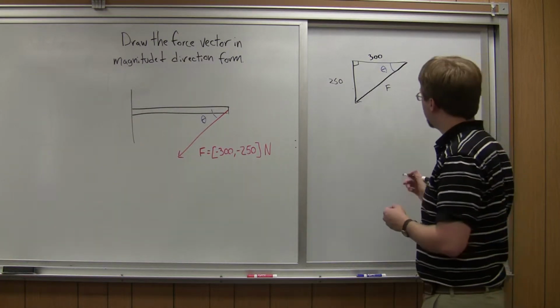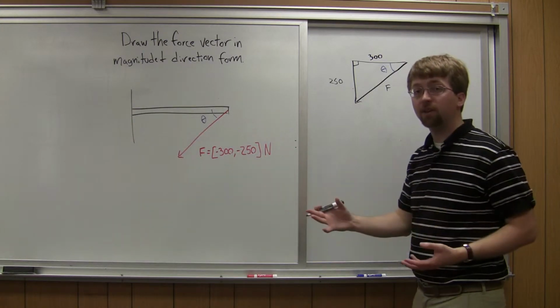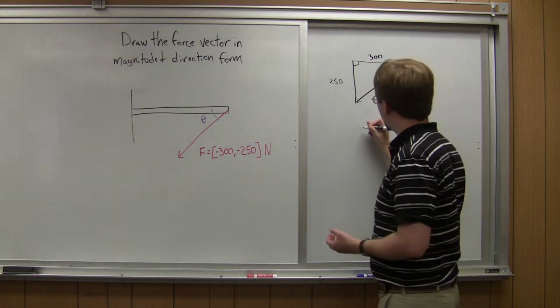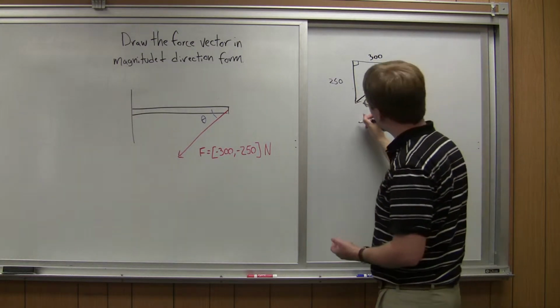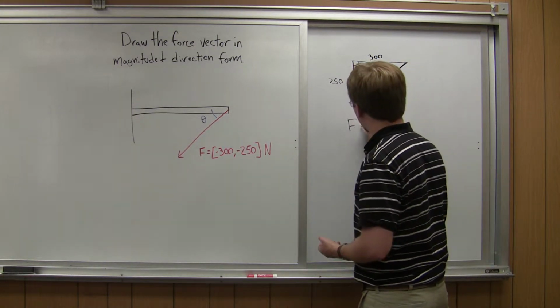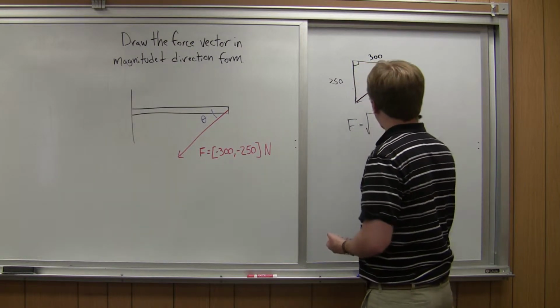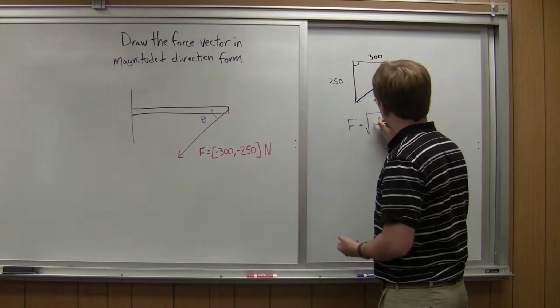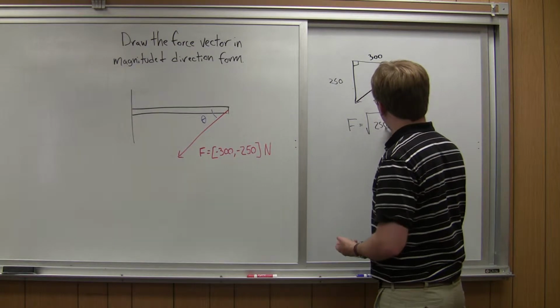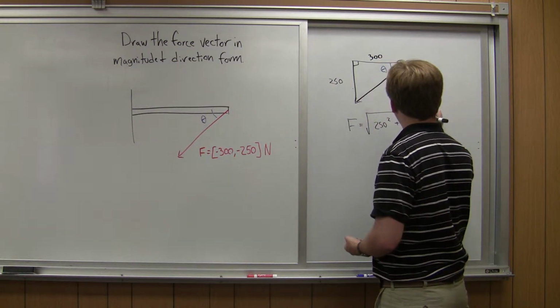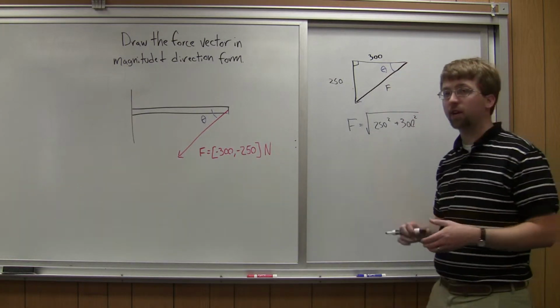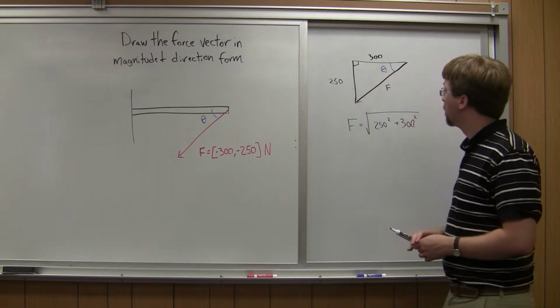We'll start with F. We can use the Pythagorean theorem here: a squared plus b squared equals c squared. So the magnitude of the force is going to be the square root of 250 squared plus 300 squared. The signs don't really matter in this particular calculation.